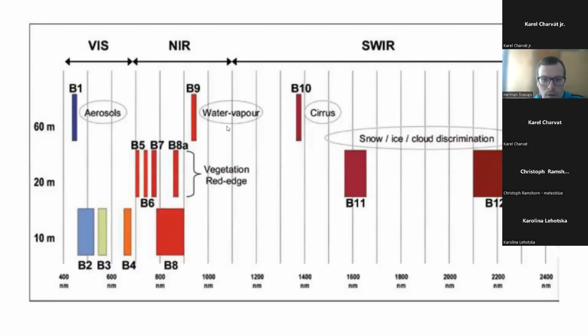Now I'll say a few words about the technical parameters of the satellites. All of the satellites we are talking about are multispectral. It means they capture several wavelengths of the image, not only RGB. To be specific, I'll choose the most used satellite for land monitoring and show you its parameters. This picture shows the bands of Sentinel-2.